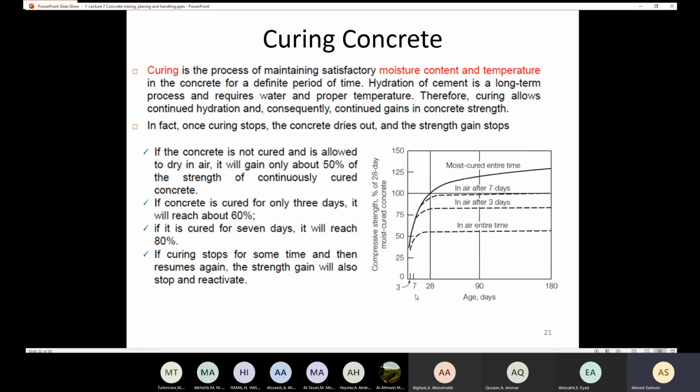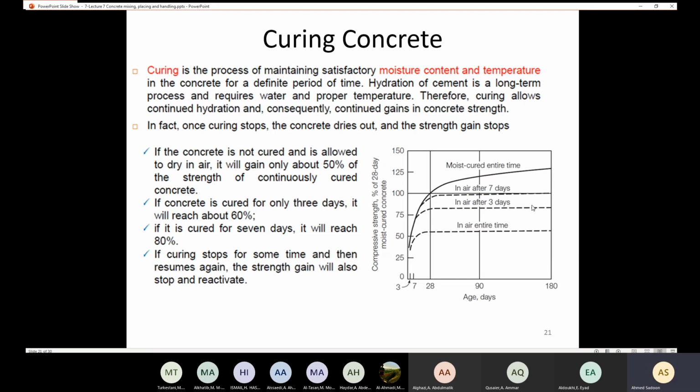Here we have this figure. This figure is going to help you understand the curing process. On the y-axis, we have the compressive strength, and on the x-axis, we have the age in days. Here we have many scenarios. In the first scenario, the specimen has not been cured, which means that the specimen has been in the air the entire time.